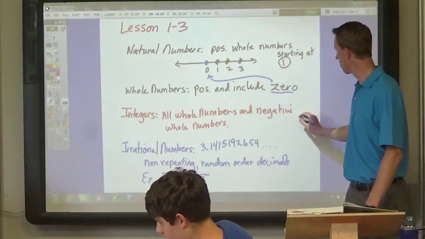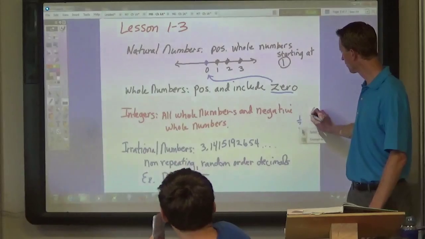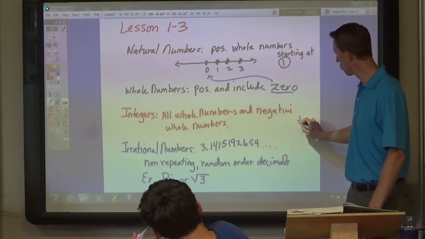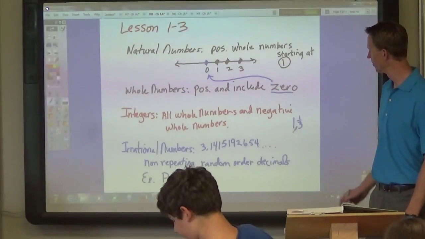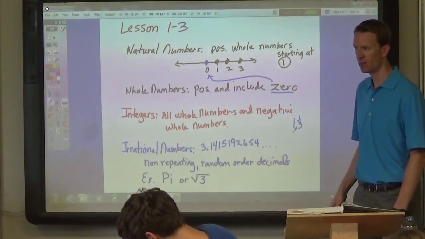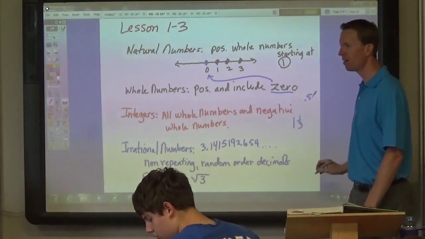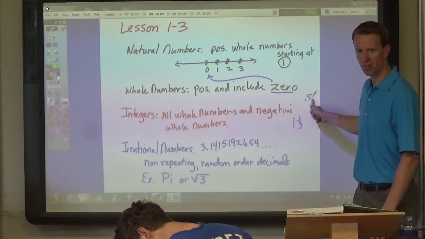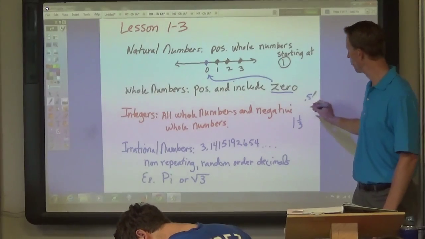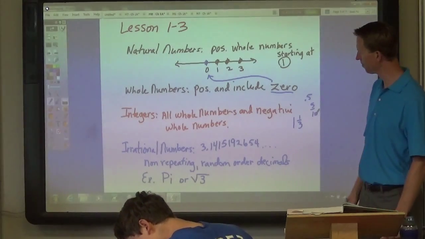You can write numbers like 1/3 as a fraction, or 1 1/3 as a fraction, which is 4/3. You could write 0.5 as a fraction, 5/10, right? So 5 over 10, or 1/2.